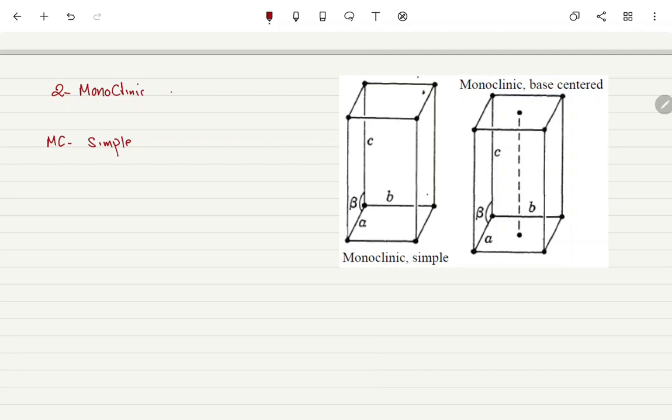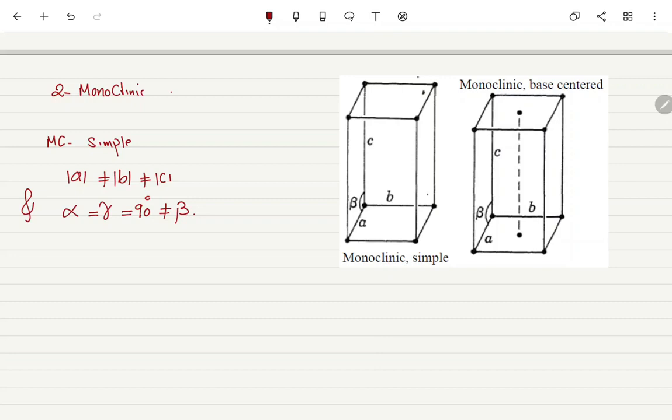This one here, as you can see, has A, B, and C, which means A does not equal B, does not equal C, and alpha equals gamma, which equals 90 degrees, but not equal to beta.